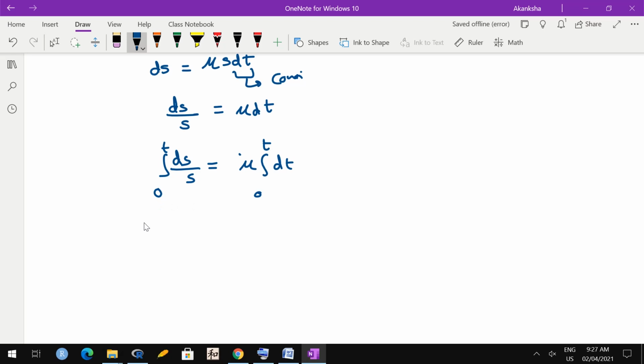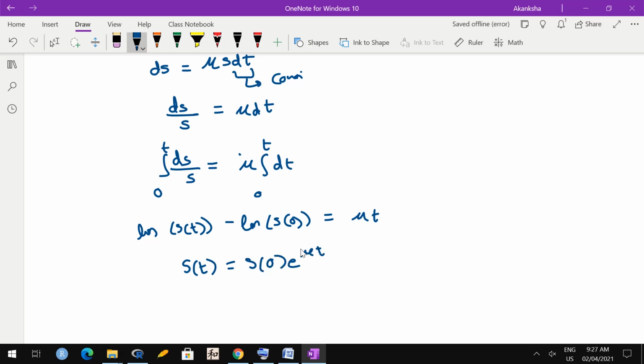So this becomes ln of S(t), because dS by S I would get log, minus ln of S naught equals mu t. So this is S(t) equal to S naught e raised to mu t. Okay, S(t) equal to S naught e raised to mu t.